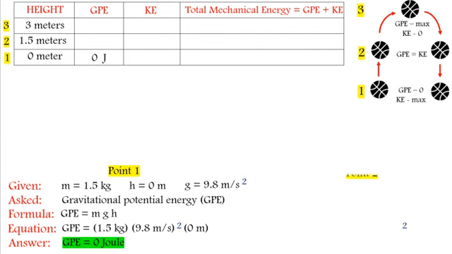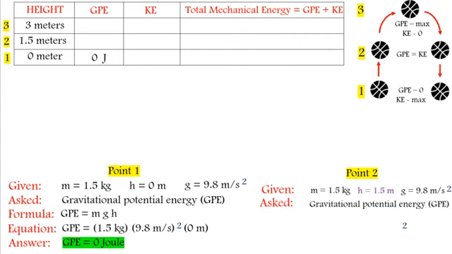Let us move on to point 2. At 1.5 meters, the givens are the following. The mass is still the same, which is 1.5 kilograms, while the height now becomes 1.5 meters since we are now at point 2, and the gravity is constant at 9.8 meters per second squared. Again, we are looking for the gravitational potential energy.